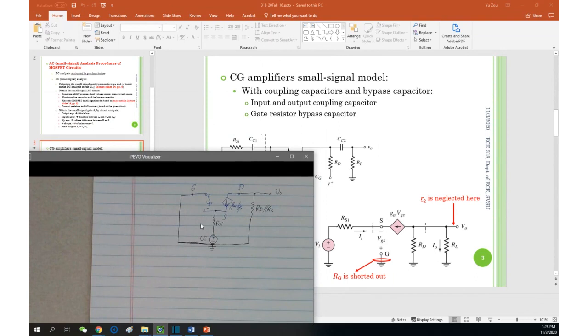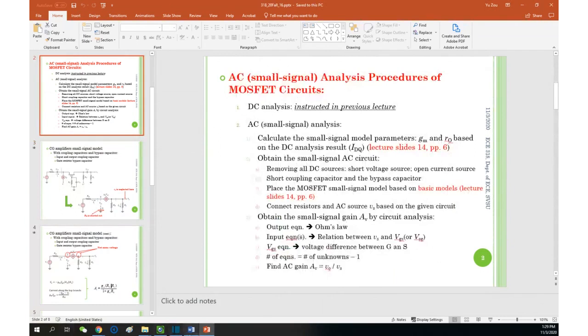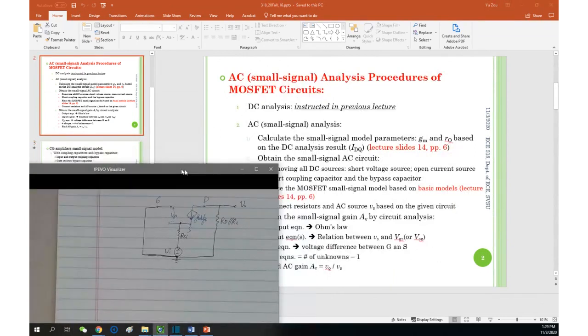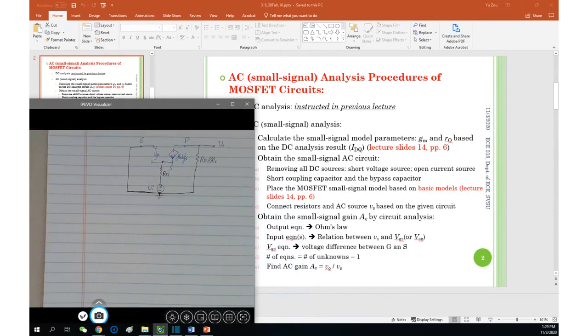All right. If this circuit is fine, let's go ahead and try to come up with some equations. To do that, let me present this circuit here, and this circuit here. Okay, you have the circuit here.